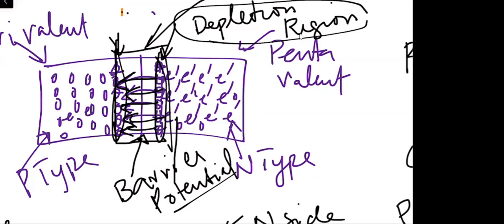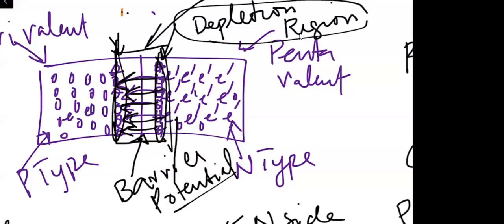On the n side, we have plenty of free electrons created in the conduction band, and we have plenty of holes created on the p side in the valence band. These are the majority carriers. The holes on the n side and free electrons on the p side are the minority carriers.